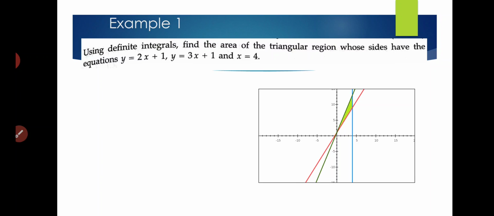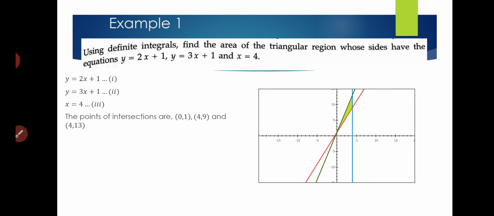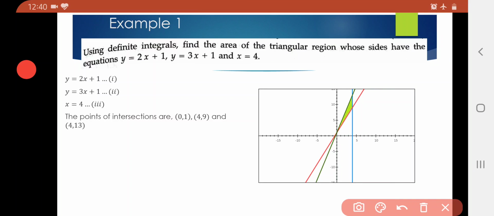Now, to find out the area, first we need to know the points of intersection that we have. Now, the points of intersection are (0, 1), (4, 9), and (4, 13). So this is how we are going to go through the integration.